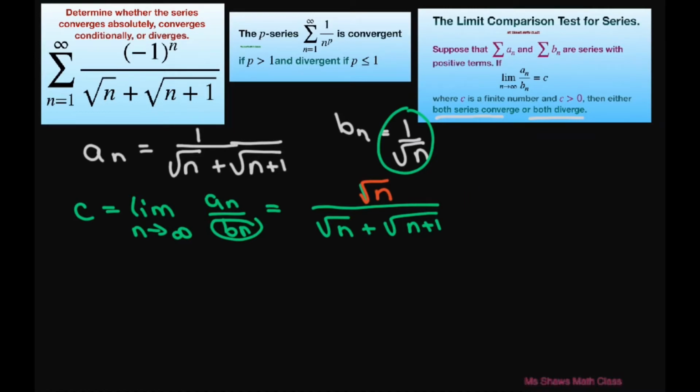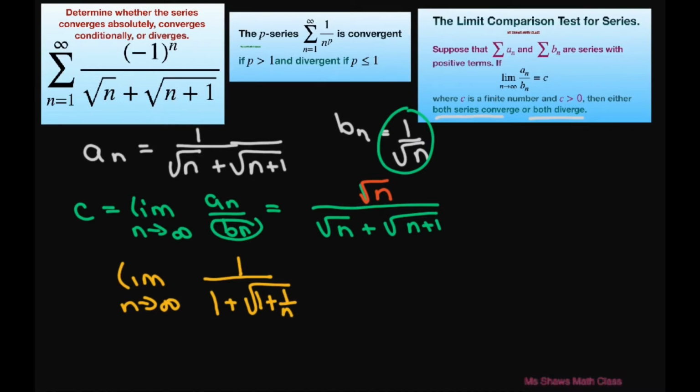So that's what we have. All right, from there, let's go ahead and evaluate the limit by dividing each of our terms by square root of n. So that's going to give you 1 divided by 1 plus square root of 1 plus 1 divided by n.